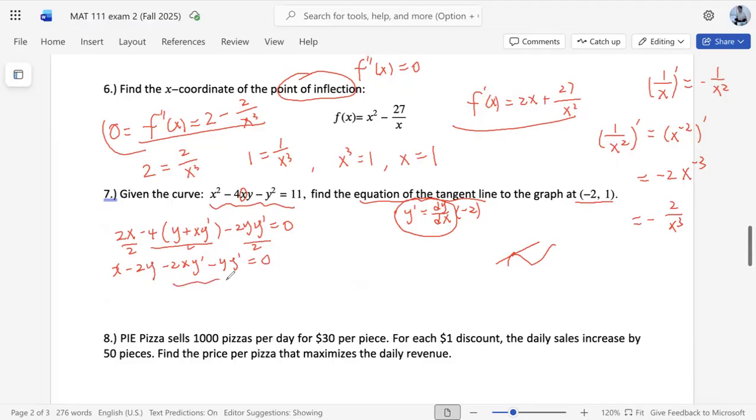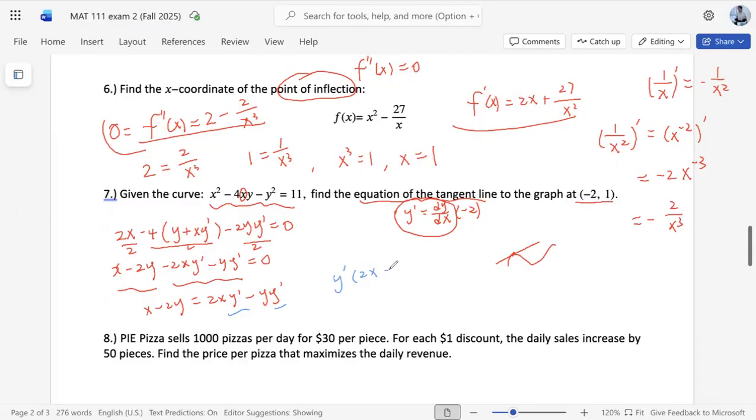Okay, now those two are like terms, and those two are like terms. So let's move these two to the other side. So we have x minus 2y equals positive 2x y prime minus y prime. Well, y prime is the common term, and we want to solve for y prime, right? So we factor out y prime.